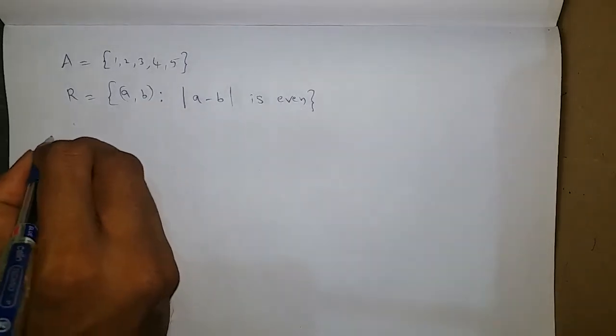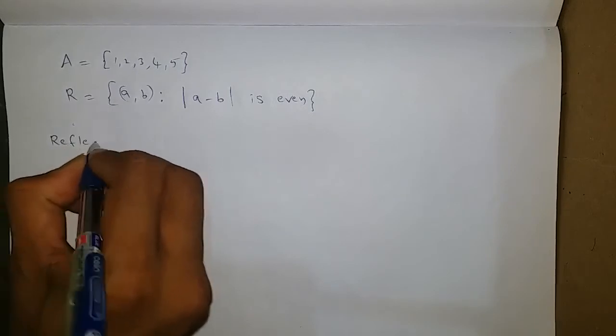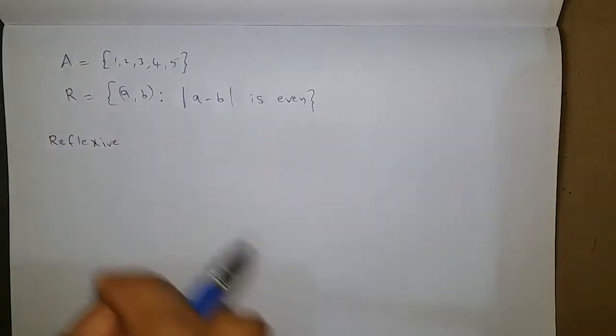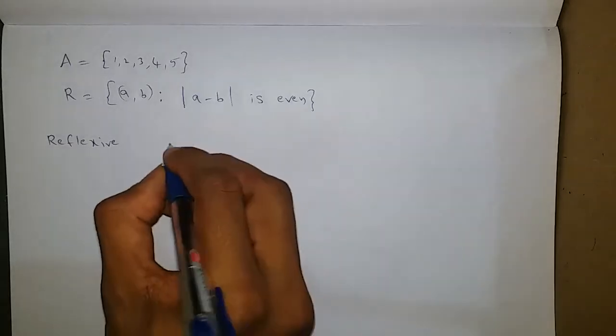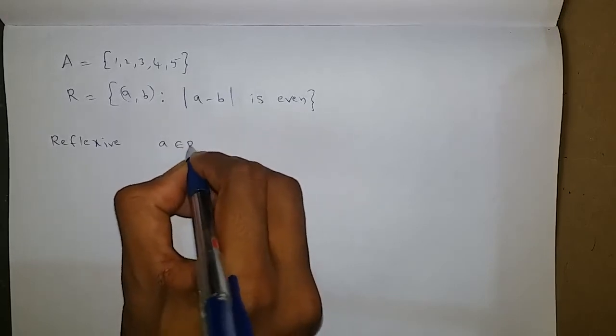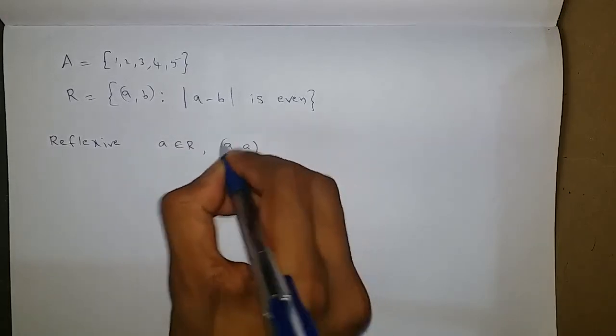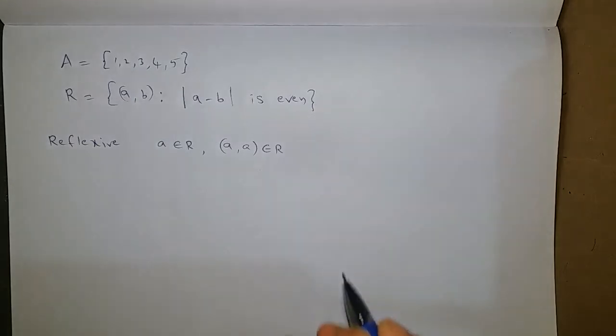So first let us check whether this relation satisfies the reflexive condition or not. What is the reflexive condition saying? If a belongs to set A, then (a,a) also belongs to relation.